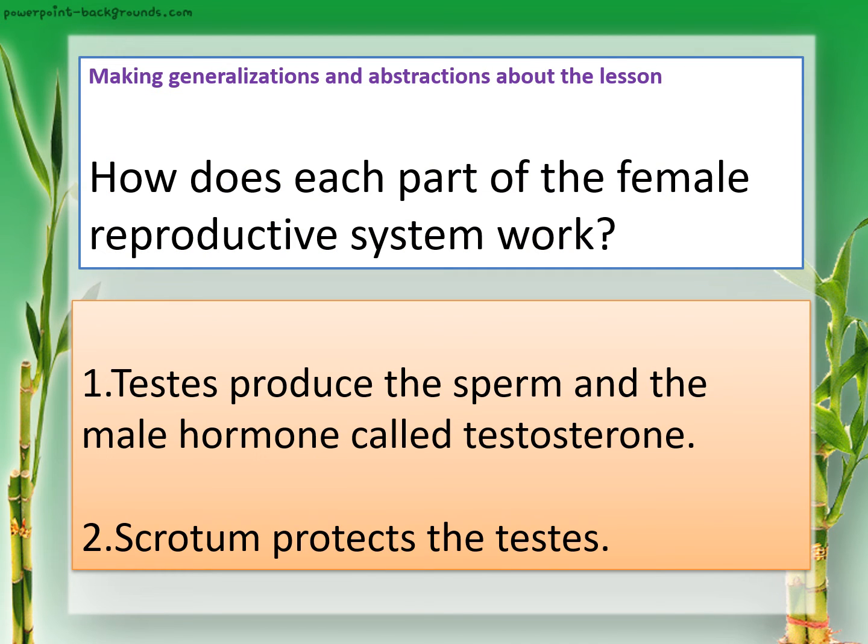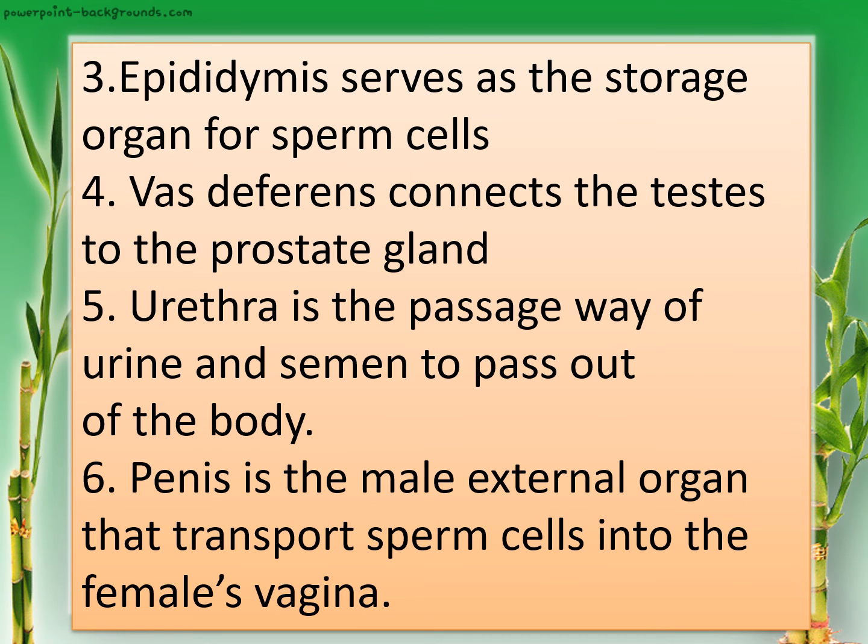How does each part of the male reproductive system work? Testes produce the sperm and the male hormone called testosterone. Scrotum protects the testes. Epididymis serves as the storage organ for sperm cells.